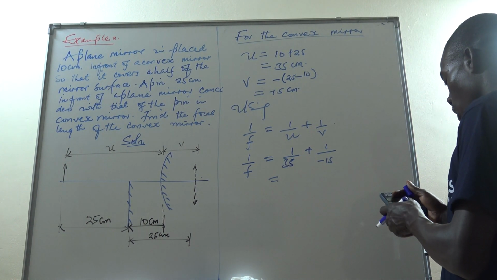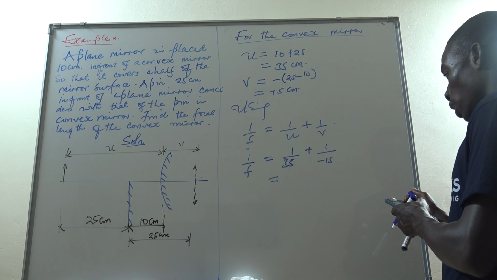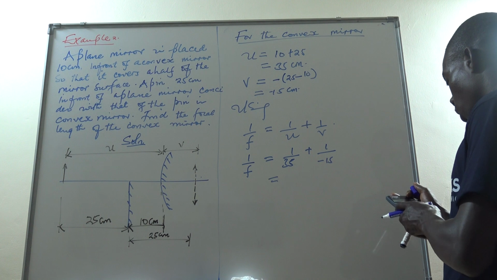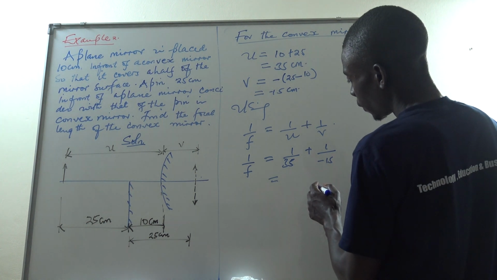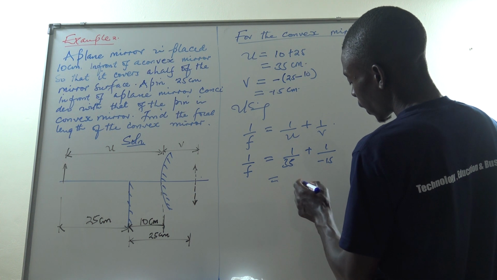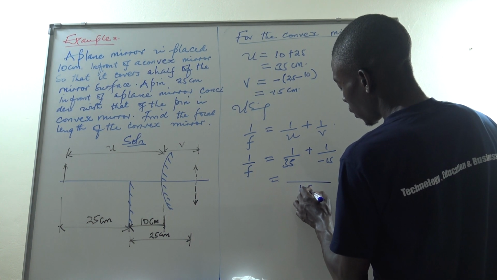Let me see if 105 is divisible by 15. So 105 I think will work. Okay? So the LCM can be 105.